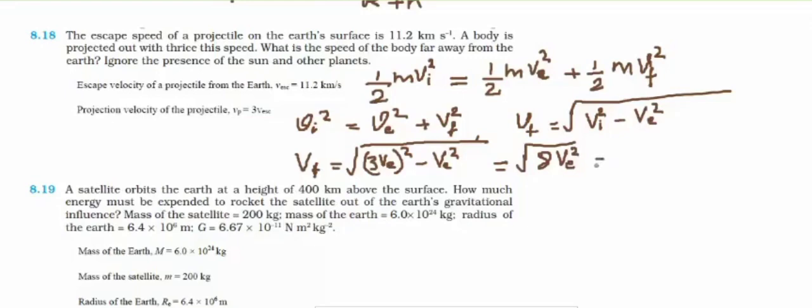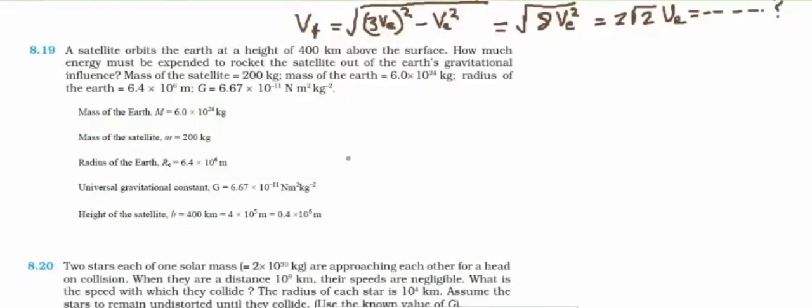Now substitute the value of v, we can take outside. 8 means it is 2 root 2 into v. Substitute the values, you will get the value of final velocity. Now next, question 19. A satellite orbits the Earth at a height of 400 kilometer, convert into meter.